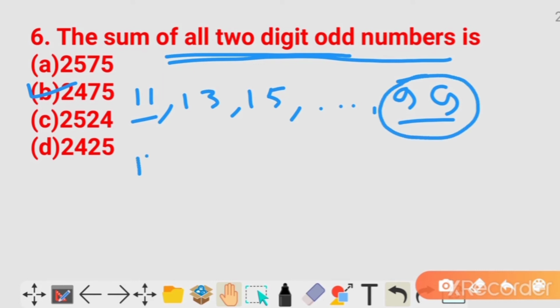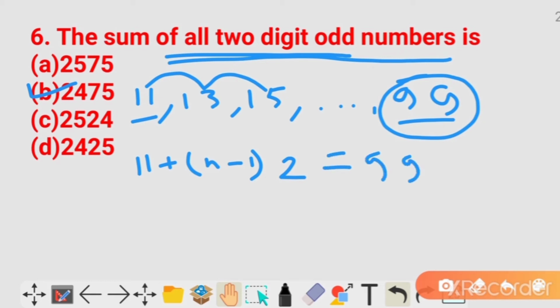The formula is simple, 11 plus n minus 1 into d, where d equals 2, equals 99. So here n will be 45.